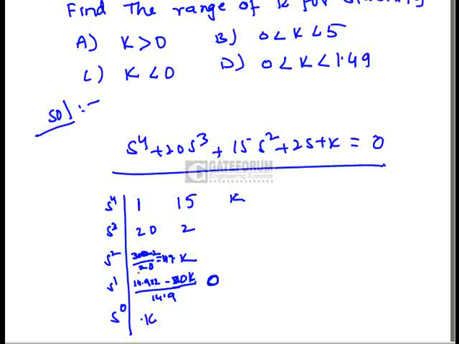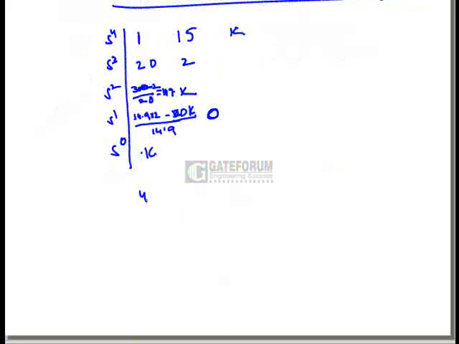Here 14.9 is also positive, and if you come to s power 1, the 14.9 into 2 minus 20k should be positive. That means 14.9 into 2 minus 20k should be greater than 0. The s power 0 coefficient is k, so this should also be positive. That means k should be greater than 0. These are the two conditions. If you satisfy these two conditions, then we say that the system is stable.